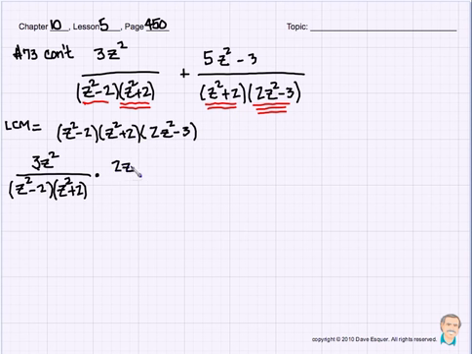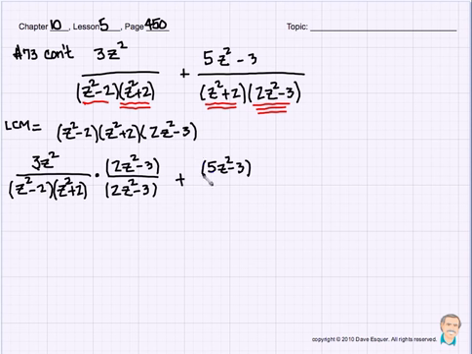So we're going to multiply the top and the bottom by 2z squared minus 3. So now our denominator for this first term is all exactly the same. And we've just multiplied it by 1 over 1. Let's tackle the second one.